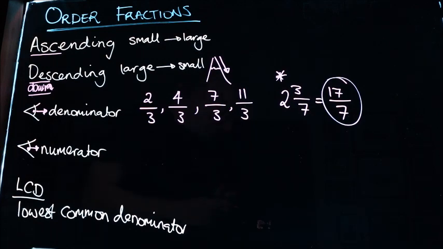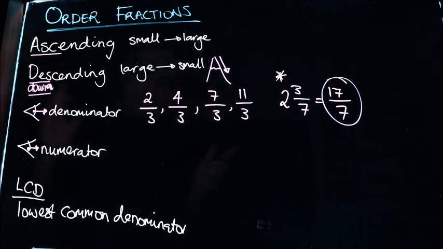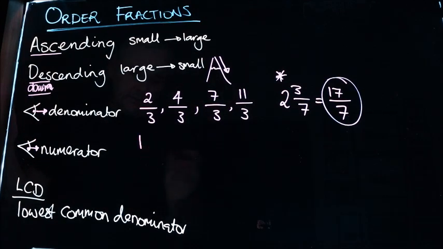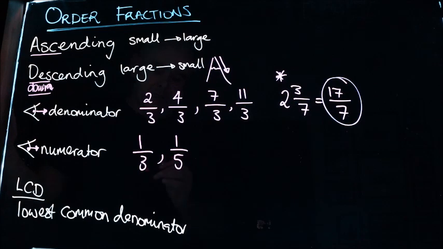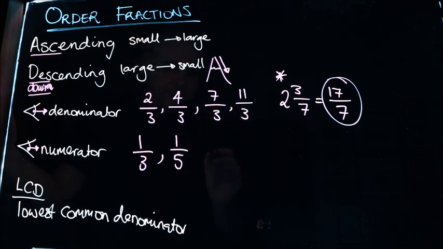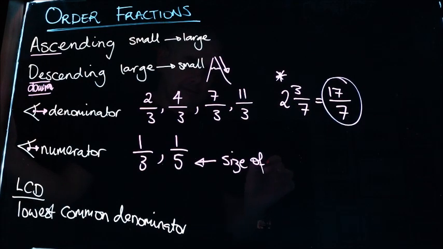Okay, so what we want to do is look, for example, and see, sometimes we see things like the numerator is the same, and let's use 1/3 and 1/5. Okay, here's a really easy example to use. What's helpful here is looking at the denominator now that we know the numerator is the same, and thinking about the size of the pieces.